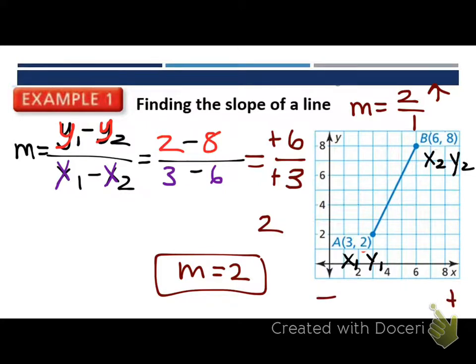So when I say positive 1, I'm going to go to the right. So from this point, this is not necessary. I'm just showing you why this is the answer. To stay on this line or draw this line, you would go up 1, 2, over 1. And there I am on the line. So 2, 1. Up 1, 2, over 1. Up 1, 2, over 1. So that is why this is the slope.